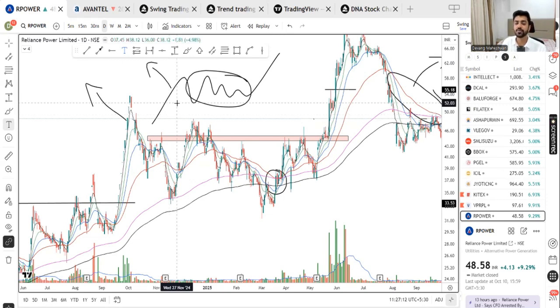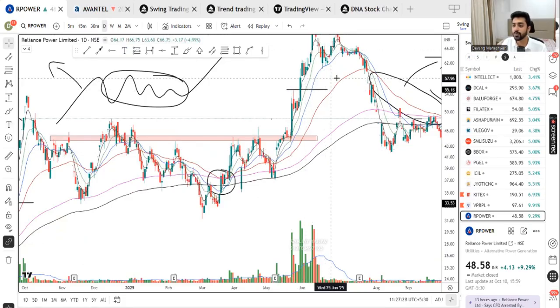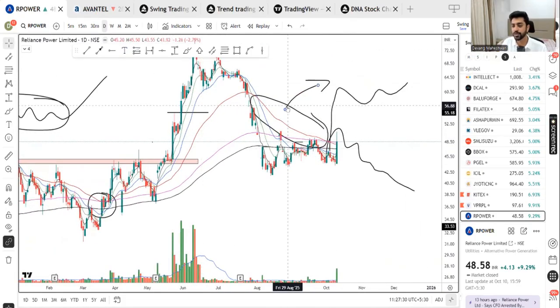Otherwise, the belief that we are putting up is that it will keep on going if it's in a stage 2 uptrend. It will form a base, it will again move up, it will form a base, it will again move up. That's the overall belief of the understanding. Okay, so then it progressed. Now look up here, which kind of base is this looking till now?